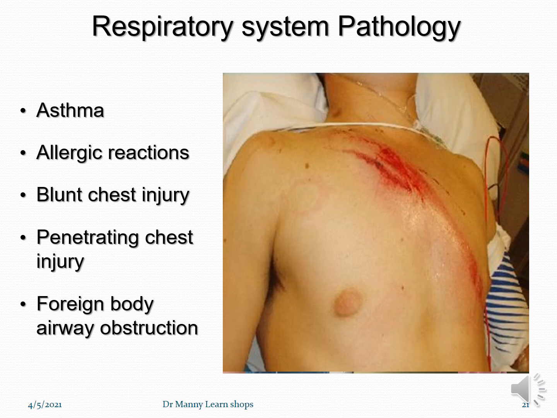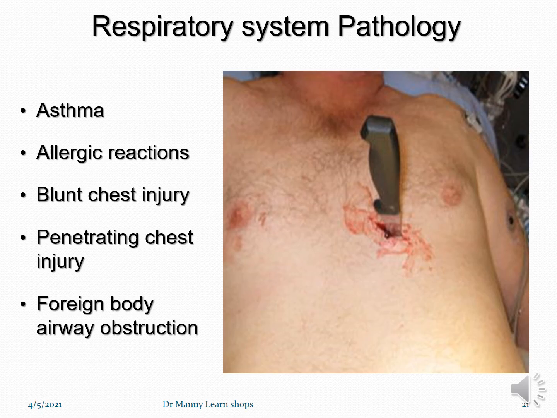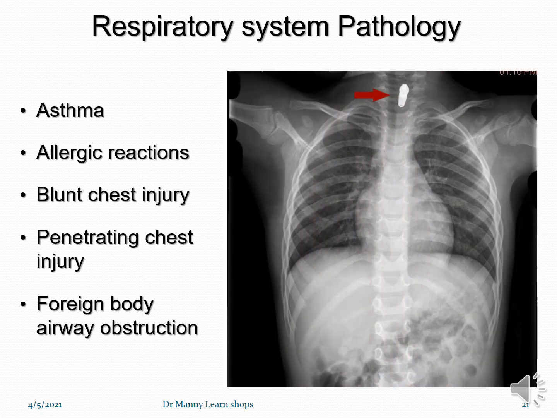And even though you can't see it, the contusion of the lung can be severely injured. A penetrating chest injury, which is quite obvious. Or a foreign body airway obstruction. Here, there's an example of foreign body airway obstruction where something is lodged within the trachea.